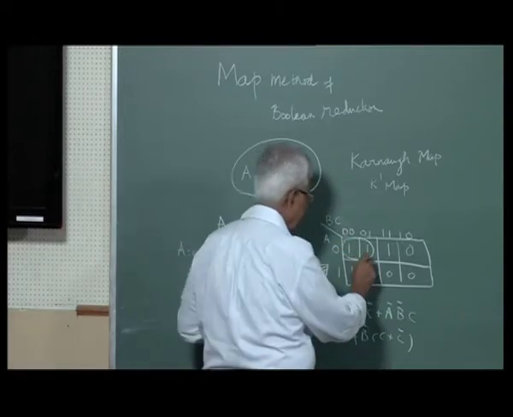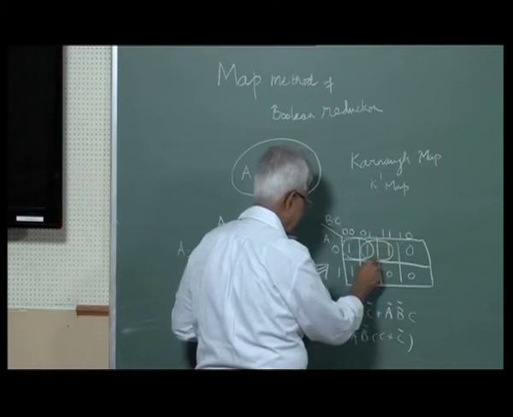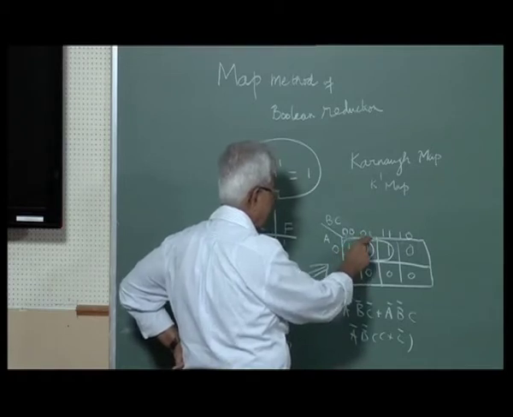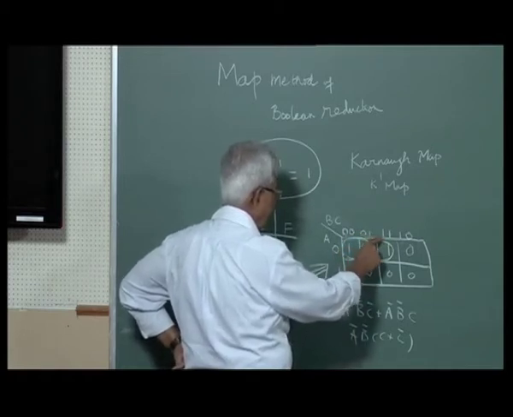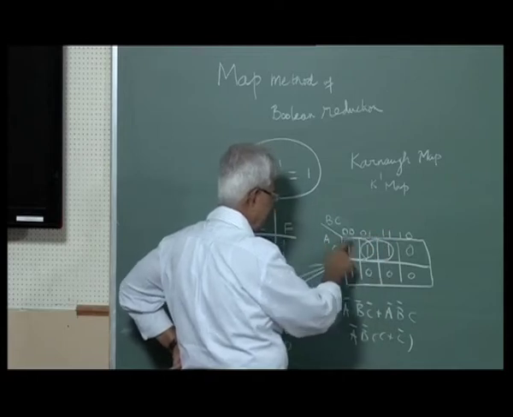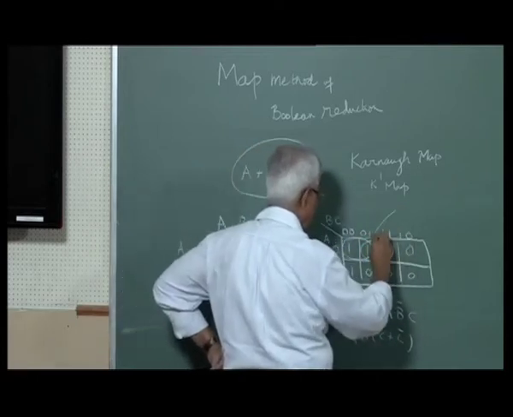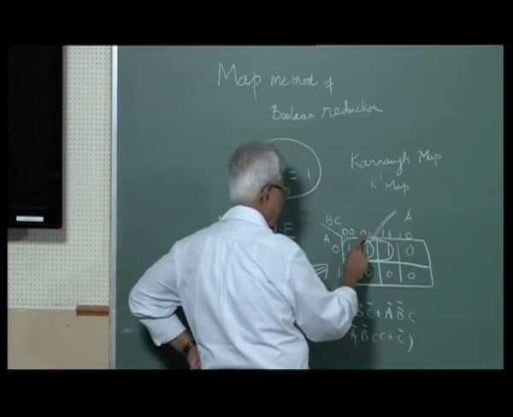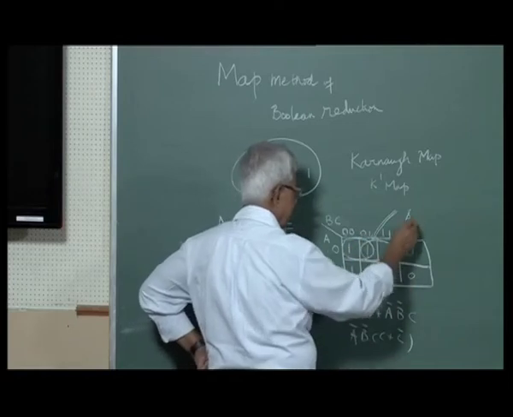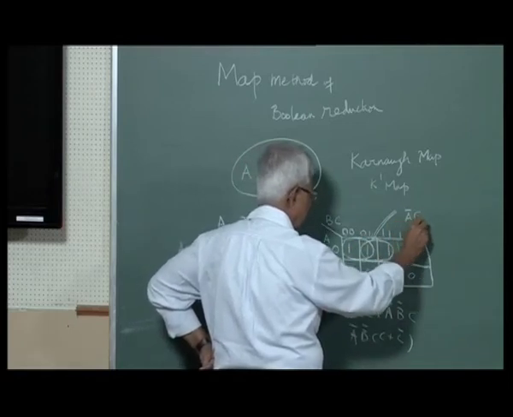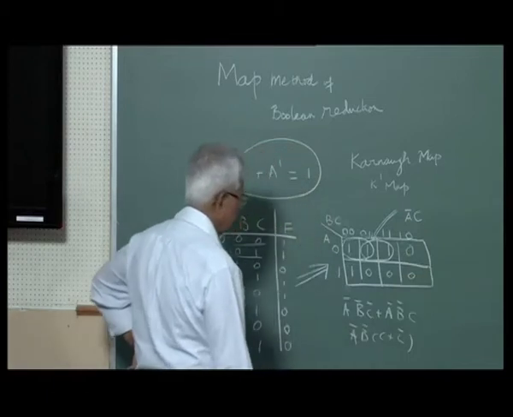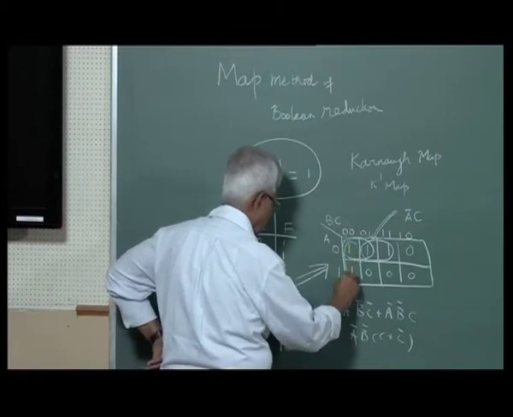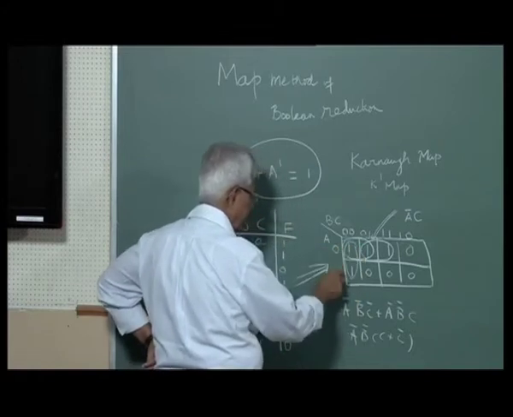Now between this and this, A bar, B bar, C and A bar, B, C. So A is A bar, and between these 2, I have A bar, and B gets eliminated because this is B bar here, B here, C. And again these 2: A is 0, A is 1, B bar, C bar.